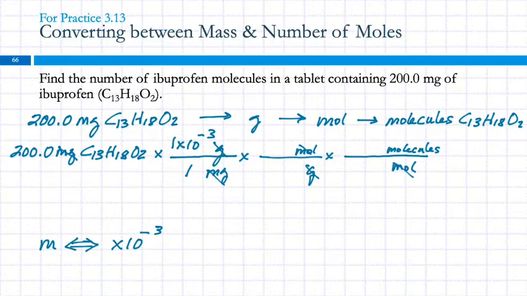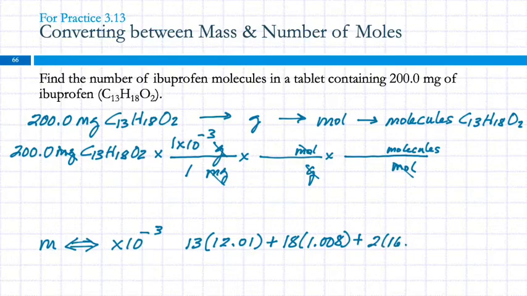Okay, so ibuprofen. We've got 13 carbons, 13 moles of carbon in a mole of ibuprofen, and so 13 times the molar mass of carbon, and 18 hydrogens times the molar mass of hydrogen, and 2 oxygens times the molar mass of oxygen.